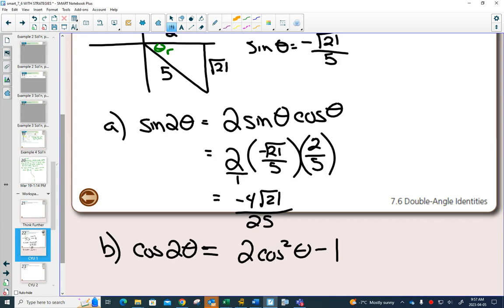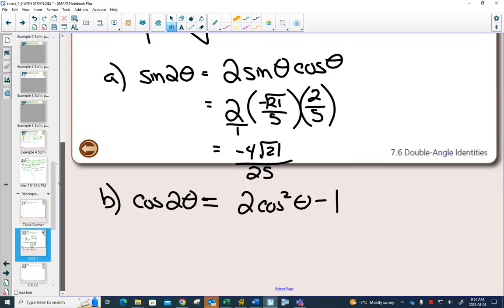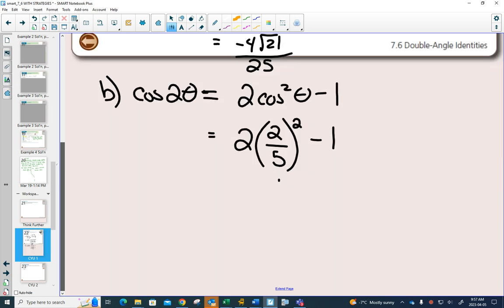But now, the only thing you can do with the cos 2 theta is change it to one of the formulas. Since we know that cos of theta is 2/5, cos squared of theta would be 2/5 squared. Order of operations, you would square first.